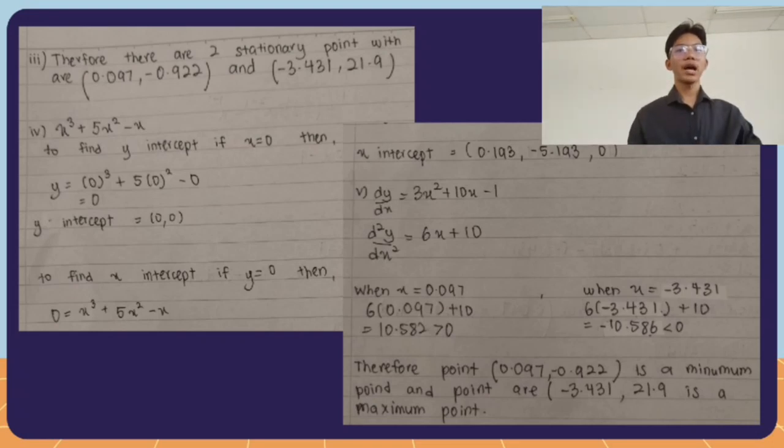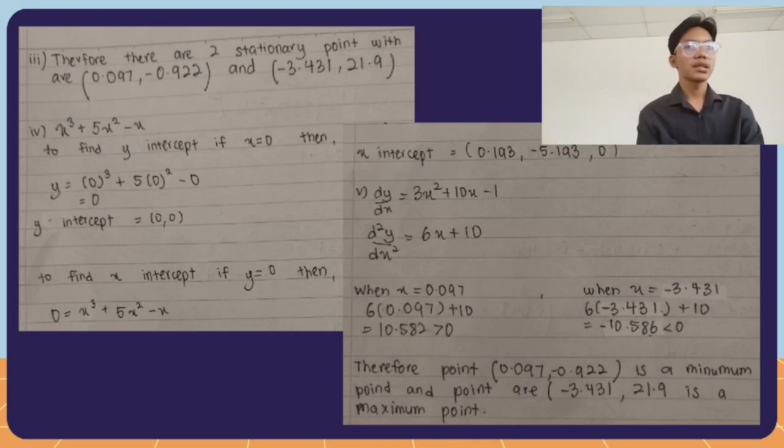To find the x-intercept, if y equals 0, then 0 equals x to the power of 3 plus 5x to the power of 2 minus x, and you can get the x-intercepts (0, 0), (0.193, 0), and (negative 3.193, 0). And next, we do dy/dx again, and we get 6x plus 10.